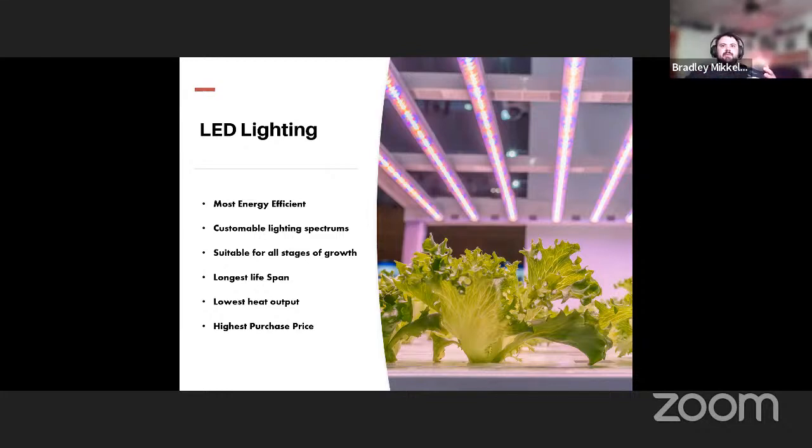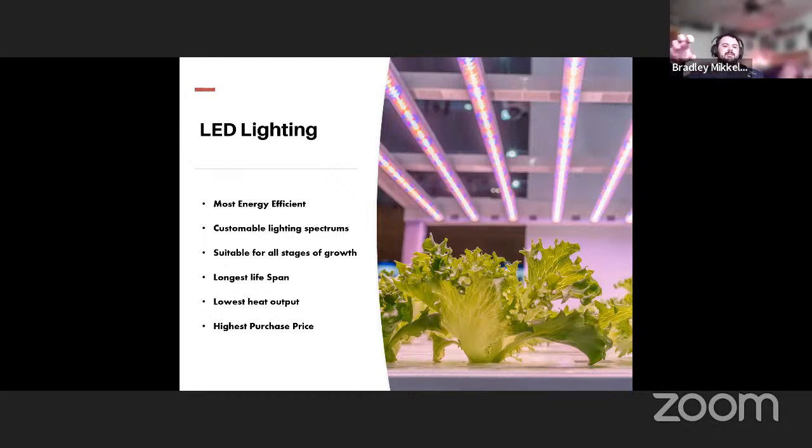And then with the LED diode layout, you can alter the color spectrums of the diodes. And so if you look in this picture here, you can see some blue, some red, some purple, some orange. These are all different color spectrums.